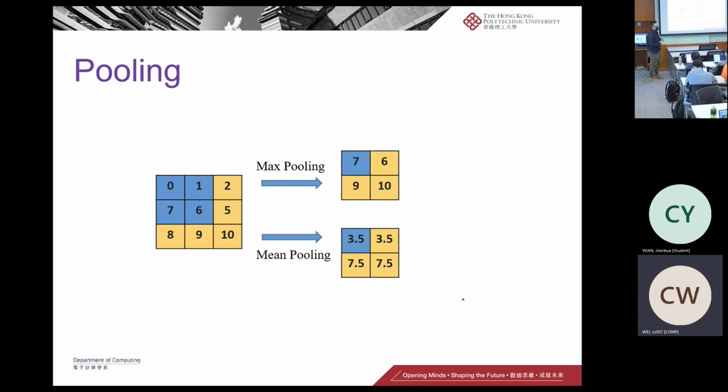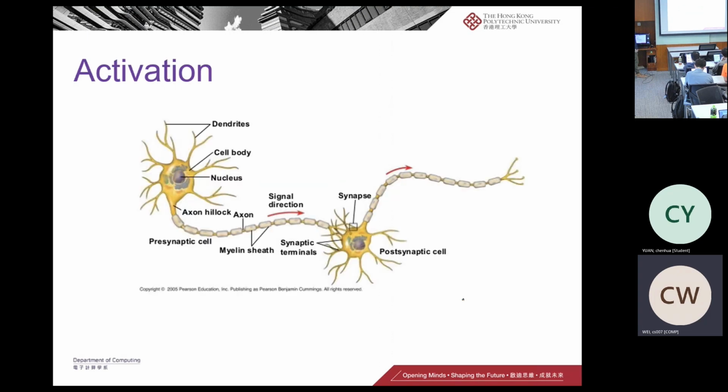So those 4 blocks have one output in the next layer. Sometimes you use either the max operation or the mean operation. This is a fixed filtering strategy, which can summarize the result and also reduce the size of the inputs.